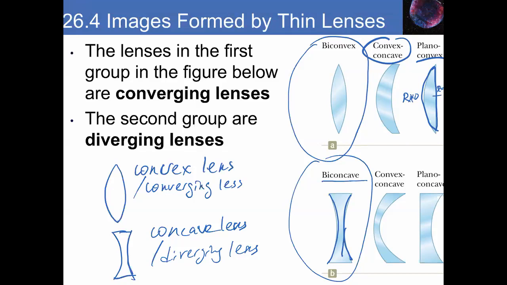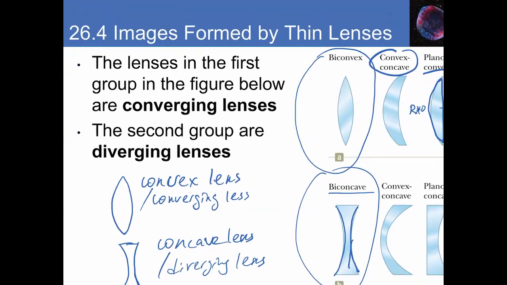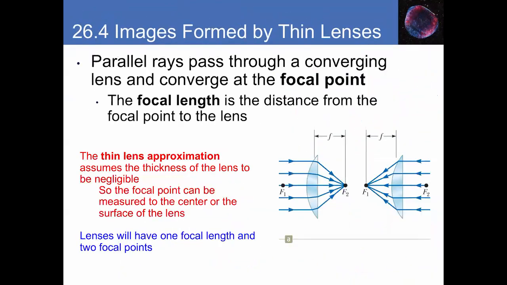All right, so the next few slides basically go over how to find the image with these types of thin lenses, okay? Because the difference from refraction, like in the previous few slides, where the image can actually be formed inside the glass, here we assume that's never the case.